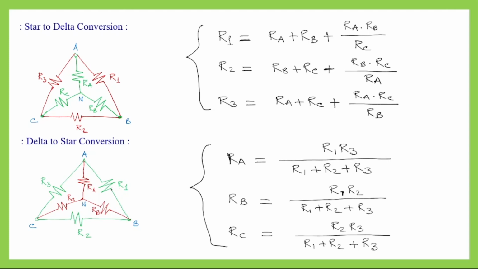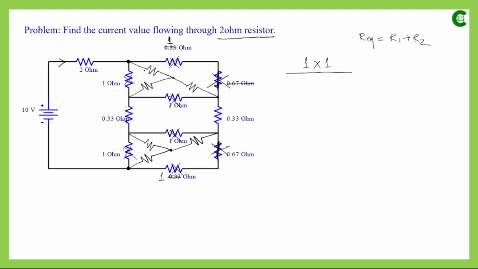From delta to star, in case of RA, it was R1 into R3 divided by R1 plus R2 plus R3. So here also, to find the resistance of this converted star connection, it will be this 1 ohm multiplied by this 1 ohm divided by 1 plus 1 plus 1 ohm. It is 0.33 ohm.